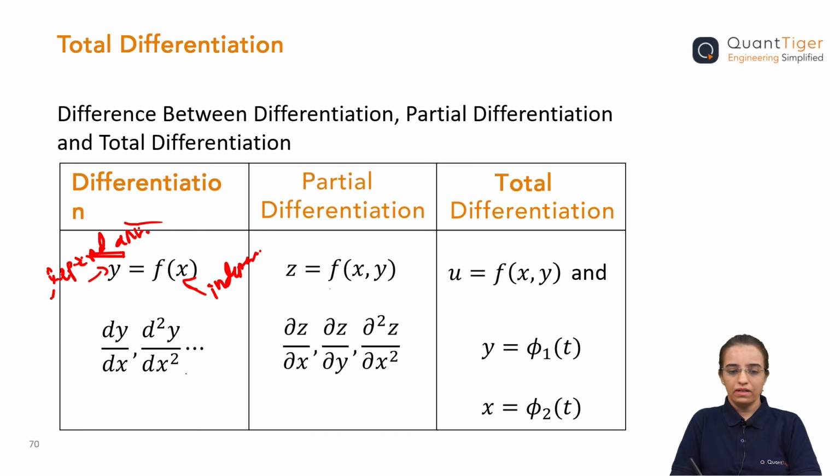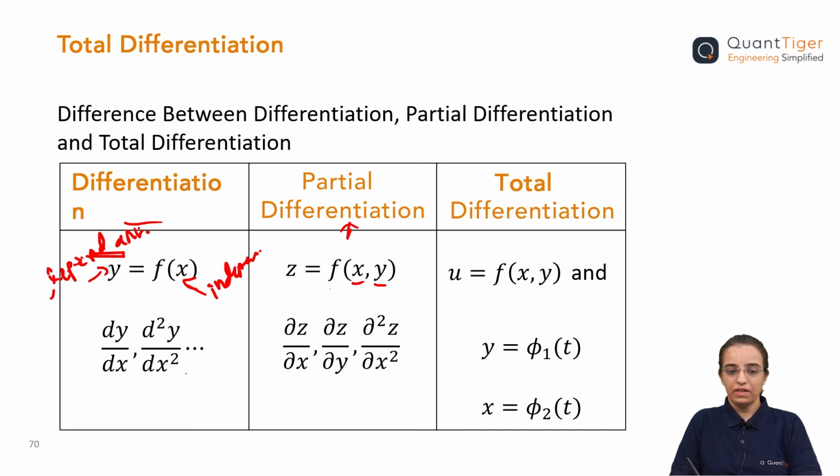Now in the second column what I have written is partial differentiation, where x and y are two variables. In partial differentiation we consider the variables independent, meaning they are not dependent on each other. And when we differentiate with respect to one variable, we consider the other independent variable as a constant.